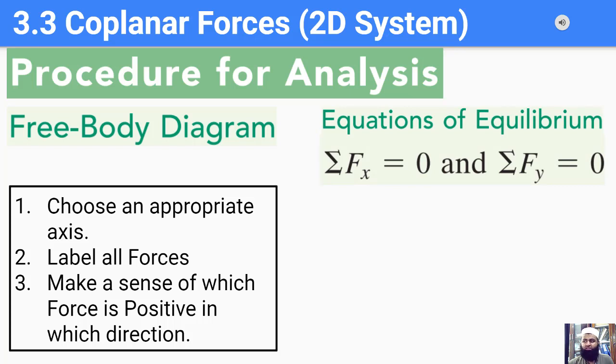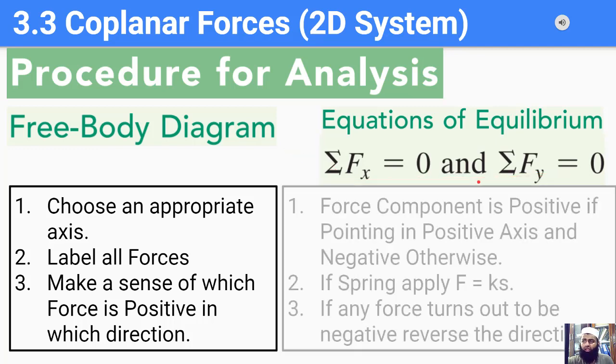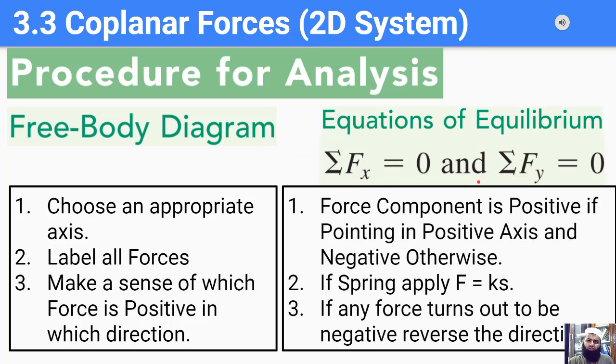For a two-dimensional system, the only two equations of equilibrium are the sum of all the forces in x equals 0 and the sum of all the forces in y equals 0, as shown here. These two equations can be solved like two simultaneous equations, and we would find the unknown forces.